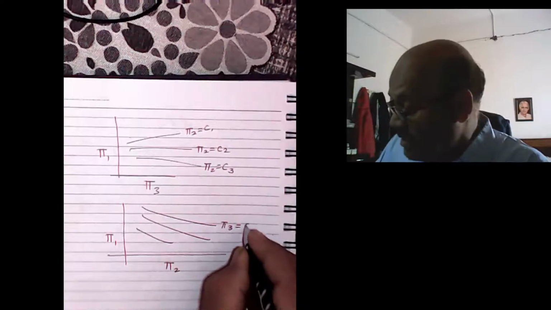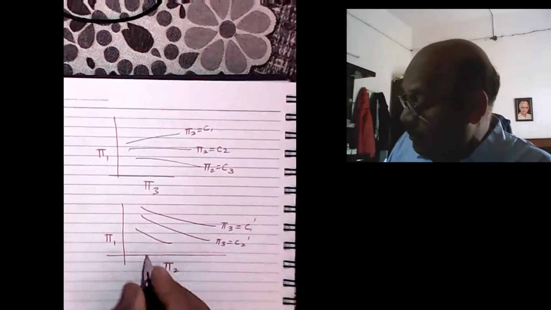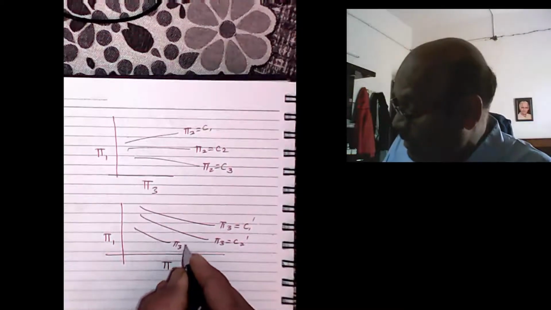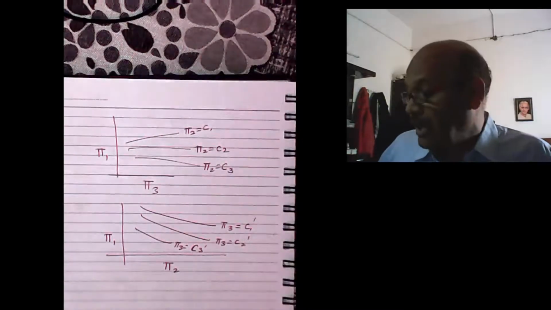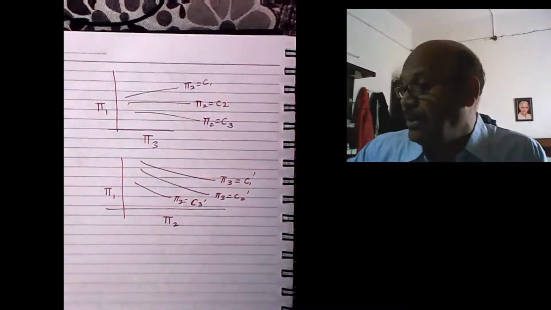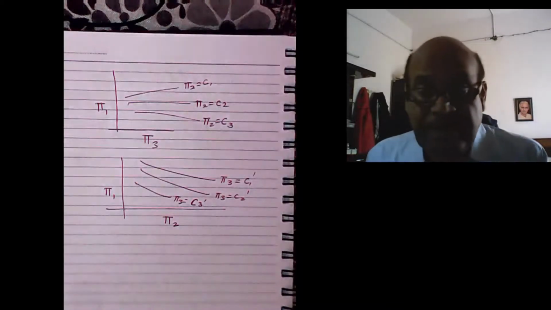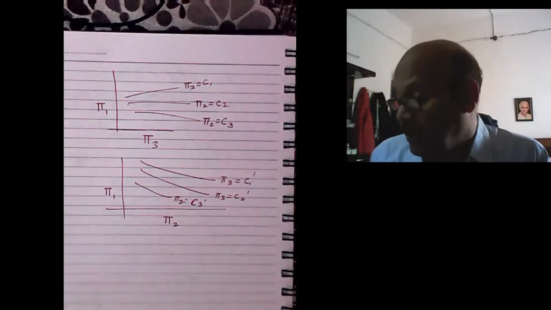Let's say this is C1 prime, pi 3 equal to C2 prime, and this is pi 3 equal to C3 prime. So with the help of these curves, we can actually do many engineering calculations and do the design without ever knowing the science behind the aerodynamics of the aeroplane.